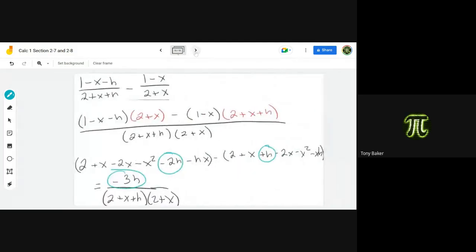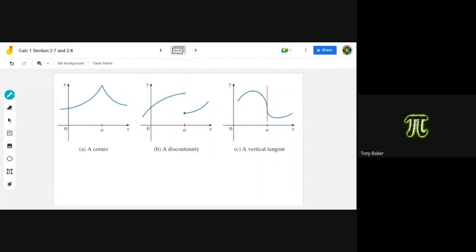So there are 3 situations where a derivative does not exist. So remember, a derivative is the limit, correct?